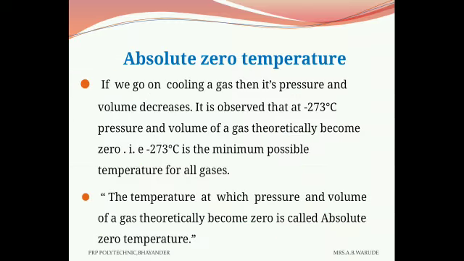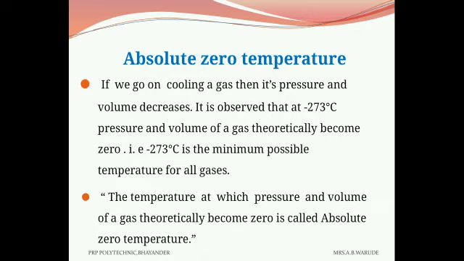If we go on cooling a gas, it is observed that its pressure and volume decrease, and at the temperature minus 273 degrees Celsius, pressure and volume of gas theoretically become 0.